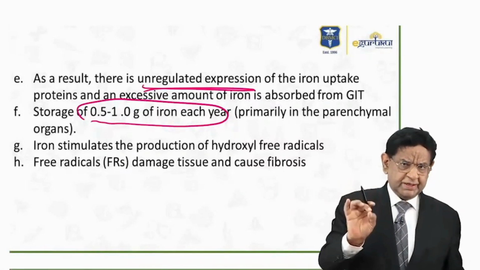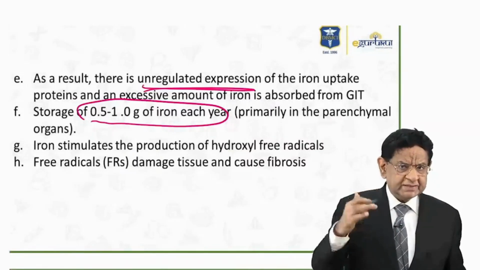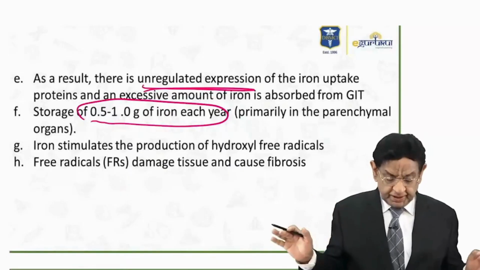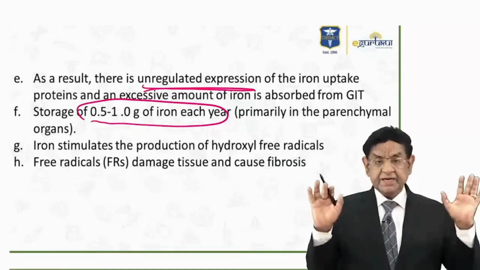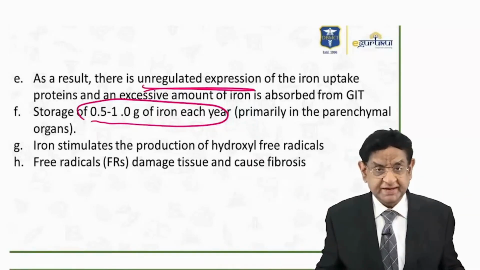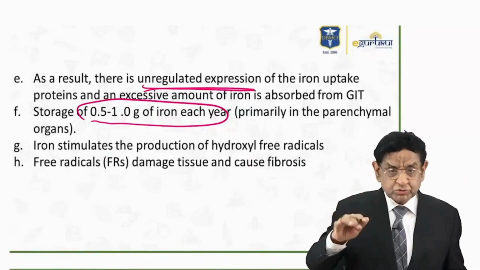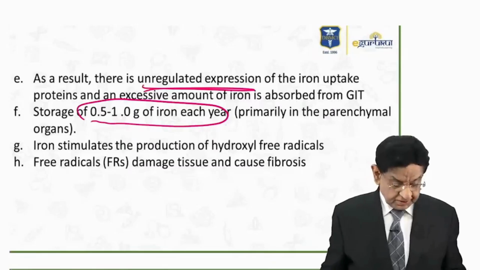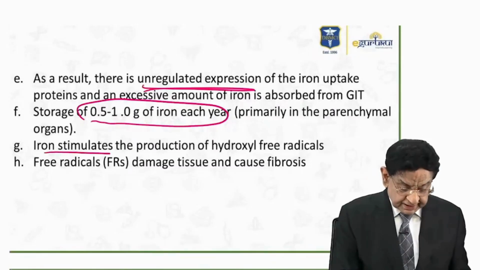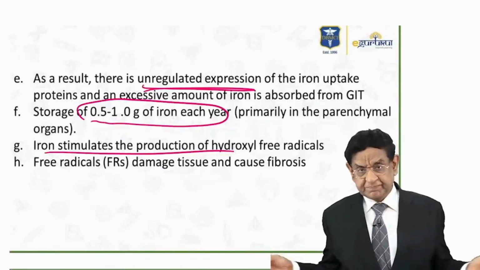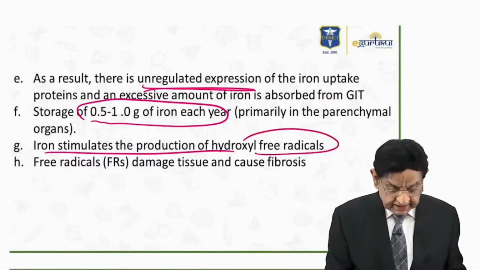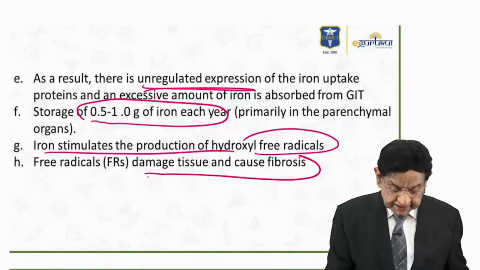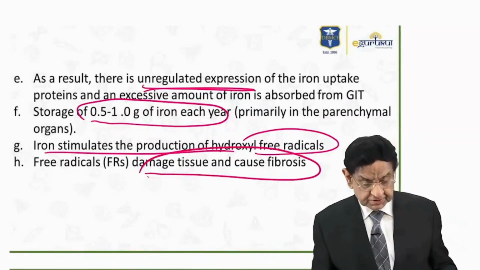Point to be noted, this excess iron starts coming from childhood, but it manifests only when a sufficient amount of iron is there. That's why it manifests in middle age, not in childhood. Excess iron in the body produces free radicals, and the free radicals lead to tissue damage and may cause fibrosis.